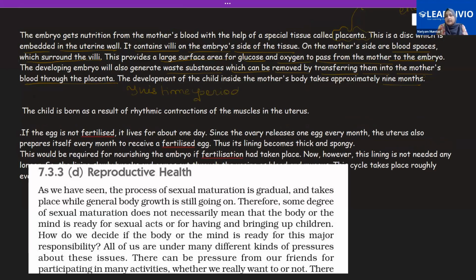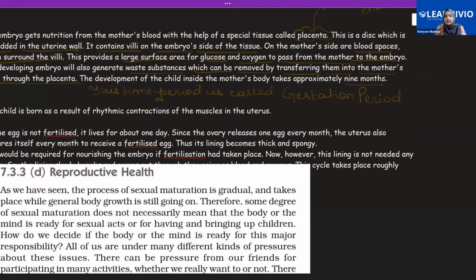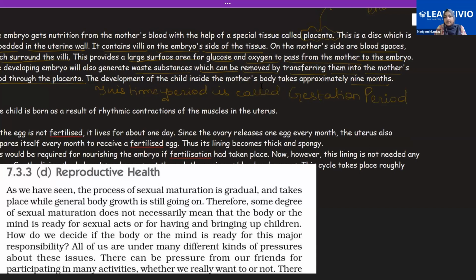This time period is called the gestation period. Remember? Yes, it's called the gestation period. And how would you describe what a gestation period is?